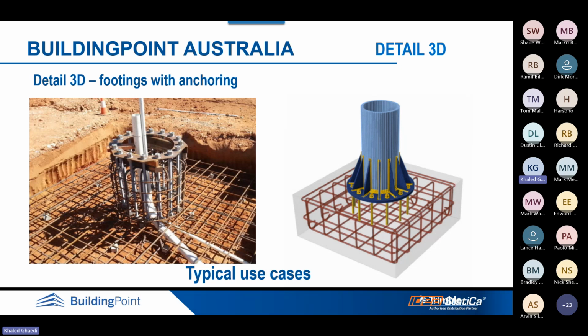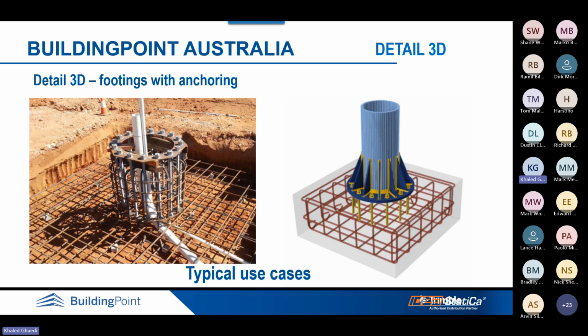The idea behind the Detail 3D application is to give you full flexibility and capability for anchoring checks. Most probably you know that in the IDEA StatiCa steel connection application, we cannot check all the anchor checks.